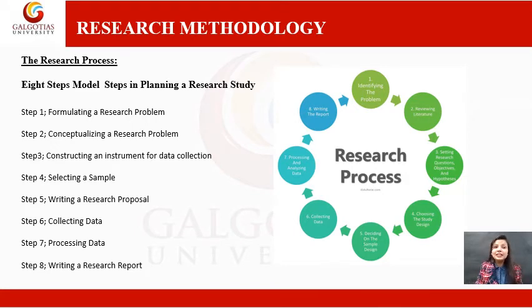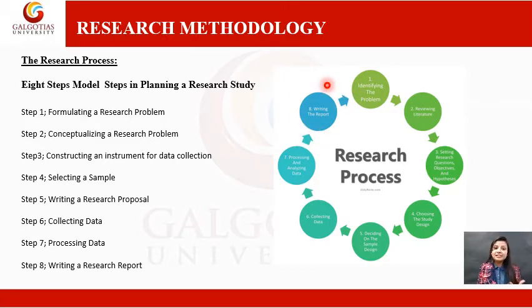So basically there is a research process which includes the 8-step model in planning a research study. As you see: identifying the problem, reviewing literature, setting research question, objective and hypothesis, choosing the design and deciding on the sample design, collecting the data, processing and analyzing the data, and writing the report.